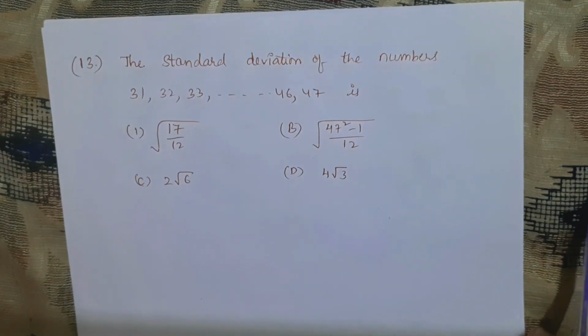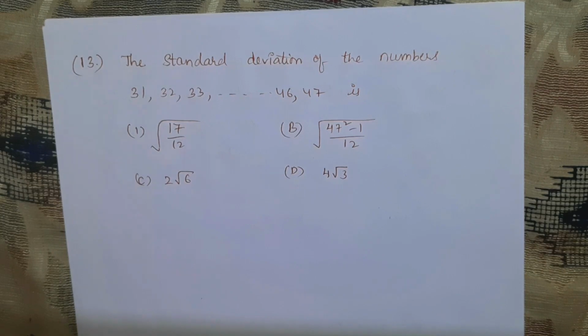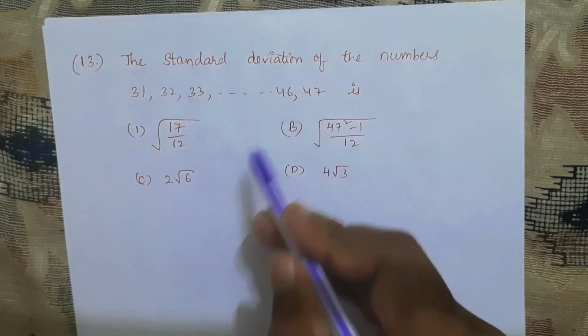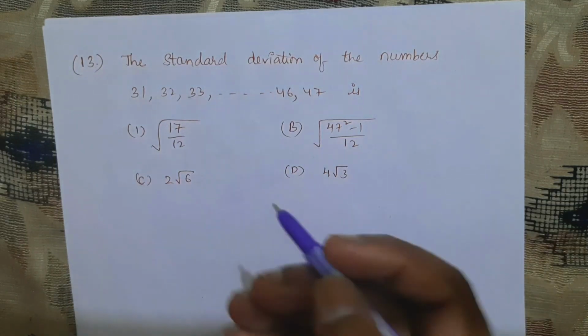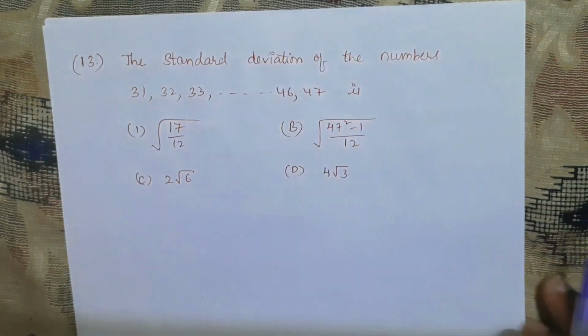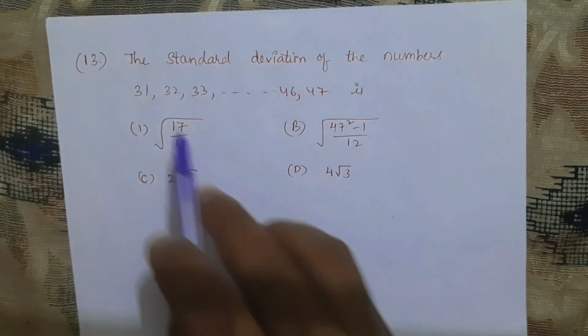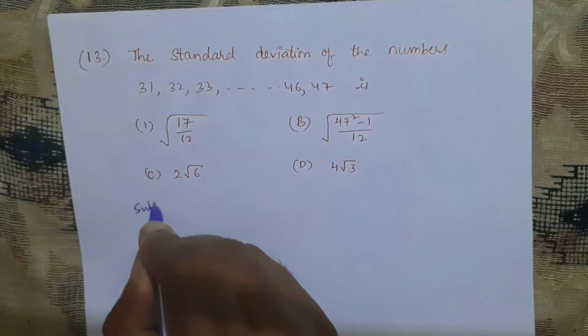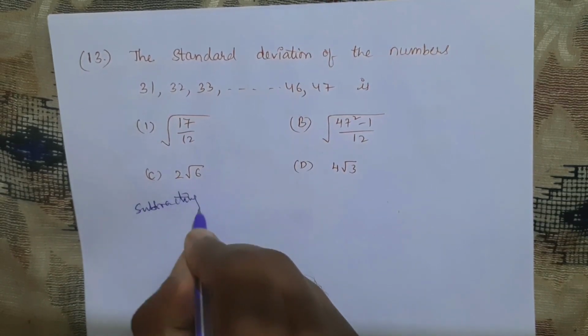So instead of that, as per the concept we simplified previously, for these items, if we subtract or add the same positive or negative number, the standard deviation will be the same, right or not? Now for these observations 31, 32, I am subtracting 31.